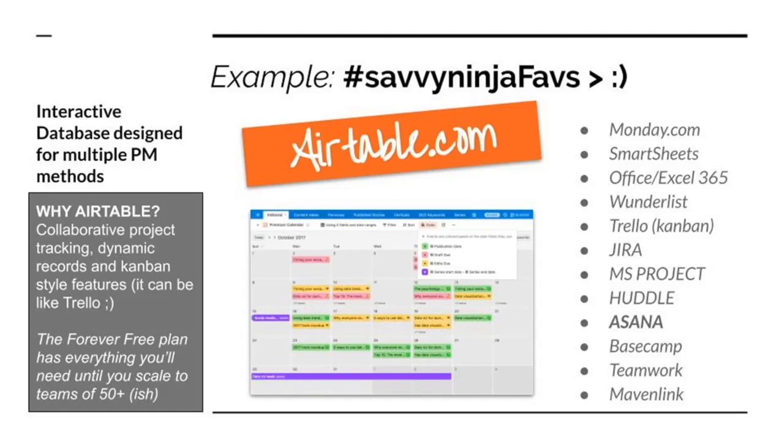Now, these are all interactive databases, but with different features and functionality. Asana is bolded because everyone's like, oh, is that your favorite project management platform? It depends. I'm working with a client right now who doesn't have, let's say, a mail server, right? We're just using cheap web mail that comes with your domain.